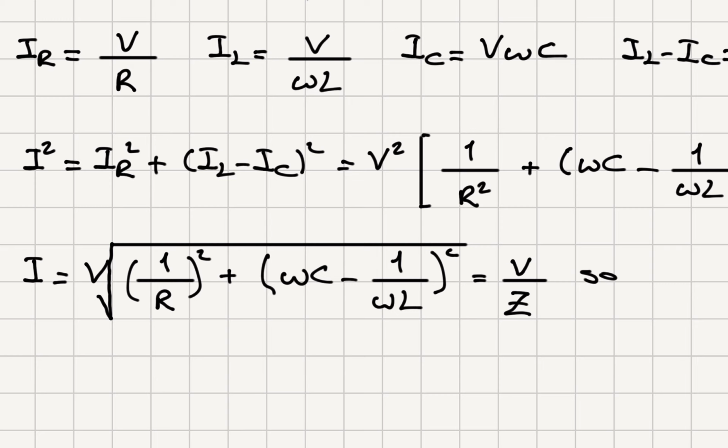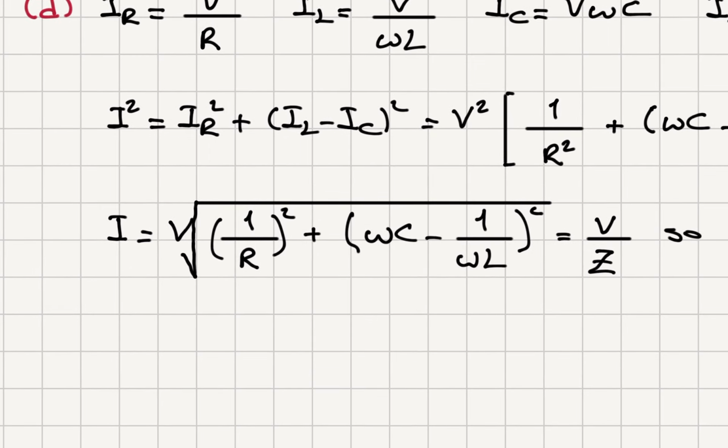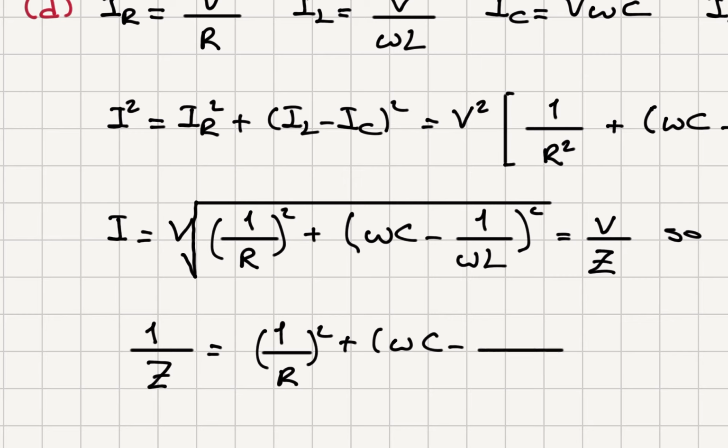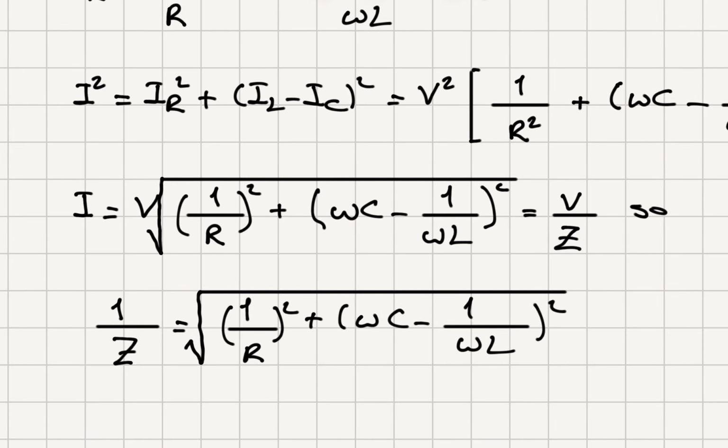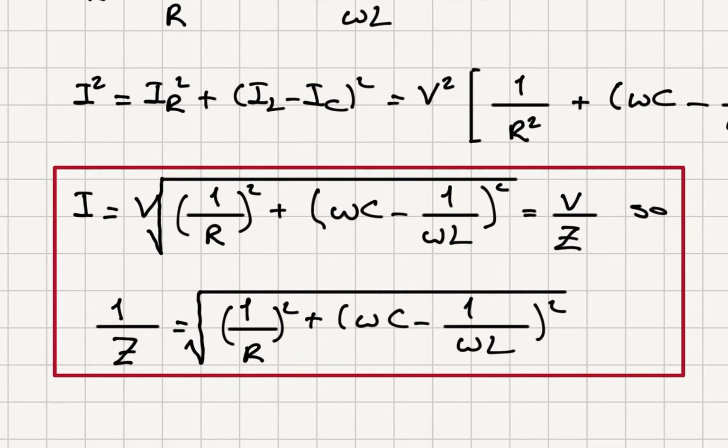So I can read the impedance of the circuit: 1 over Z is equal to the square root of (1 over capital R) squared plus (omega C minus 1 over omega L) squared. That's the answer suggested by part D. Okay.